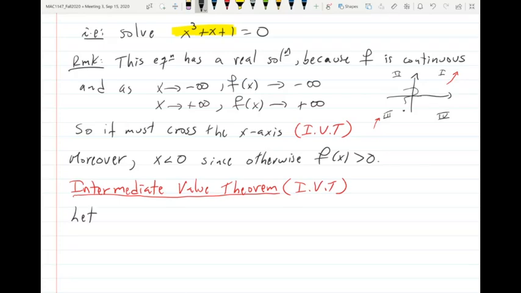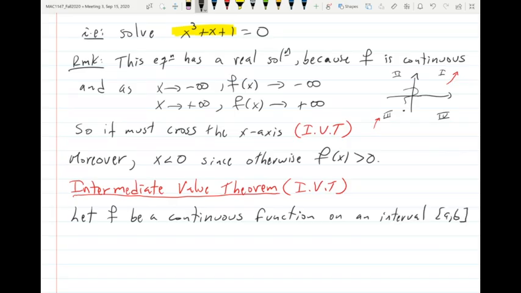So let f be a continuous function. This is really true on an interval, but if the function is continuous everywhere, like polynomials, then of course it's going to happen on any interval. But I would say, let f be a continuous function on an interval [a, b]. In our case, our function is continuous from negative infinity to positive infinity.